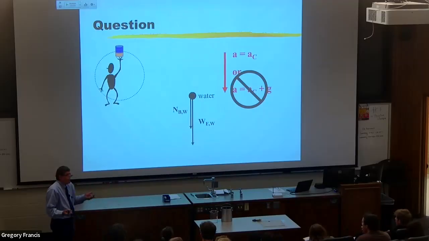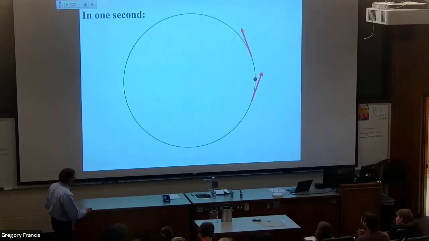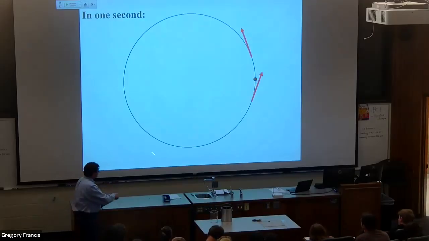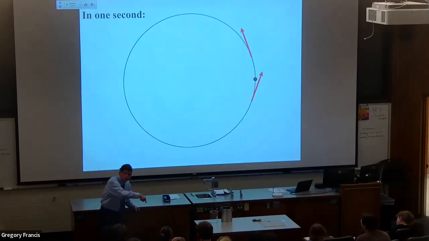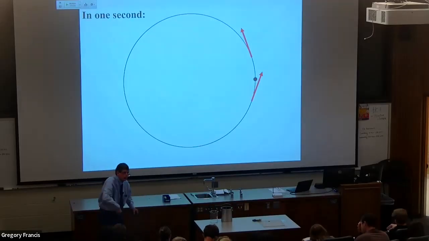Acceleration is nothing more or less than how much the velocity vector changes in 1 second. And when we were doing our little calculation here, we didn't care whether this circular track was a horizontal track or whether it was a vertical track. We didn't care whether it was a car going around a track horizontally or whether it was a daredevil on a motorcycle going around a vertical track.